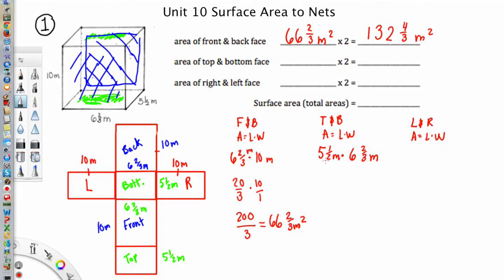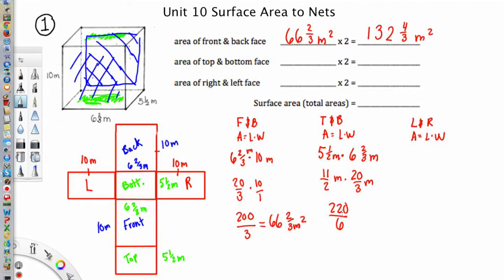Okay, my 5.5 would become 11 halves, and my 6 2/3 would become 20 thirds. I multiply straight through. I get 220. 11 times 20 is 220, and then 2 times 3 is 6.